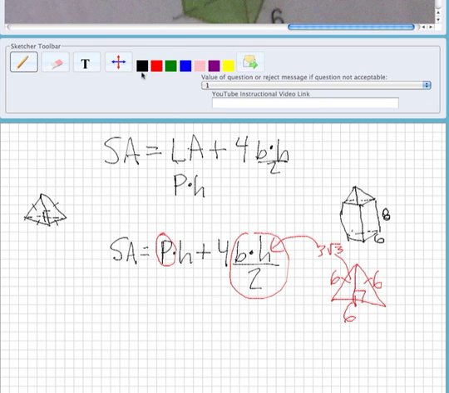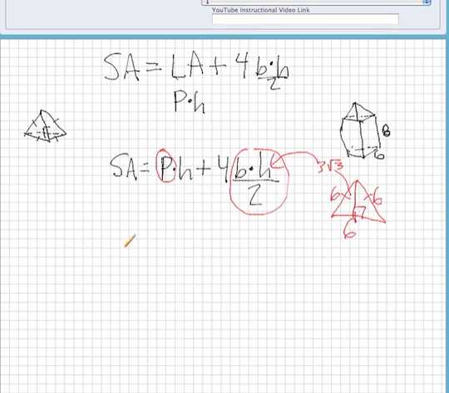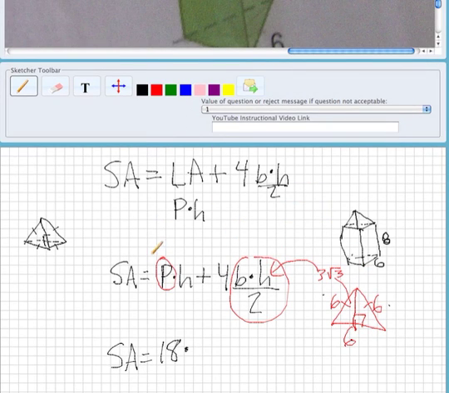So now we're going to plug each one of these things into this. The surface area is going to equal the perimeter, 6 plus 6 plus 6 is 18, times the height of the prism. If we look at the height of the prism, this right here is the distance in between the two bases of the triangular prism.